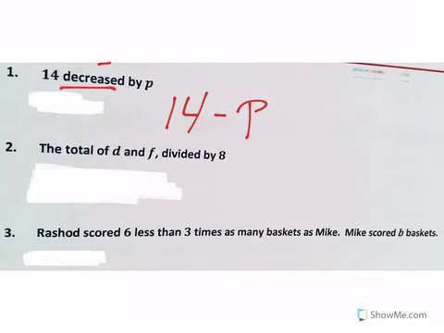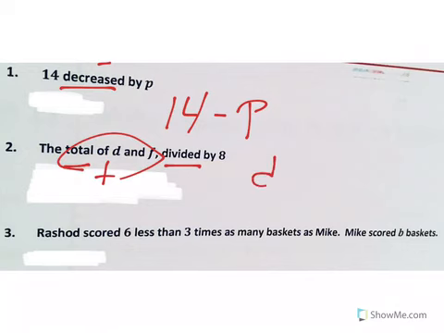Number 2, the total of D and F divided by 8. The total of 2 and 3 would be 5, right? So that means we are adding. So what I did there was I placed 2 numbers in the place of D and F. The total of 2 and 3. So if I wasn't sure what the total means, well, if I say the total of 2 and 3, I understand that that's going to be 5, so I have to be adding.